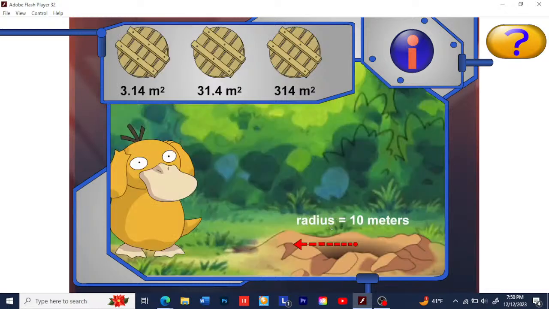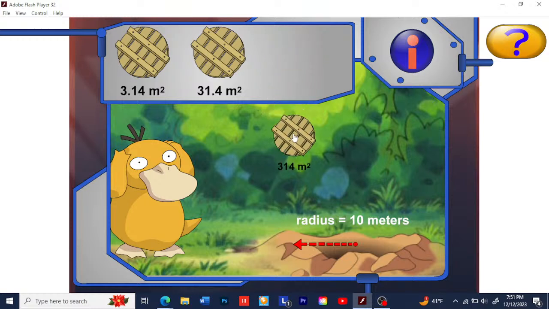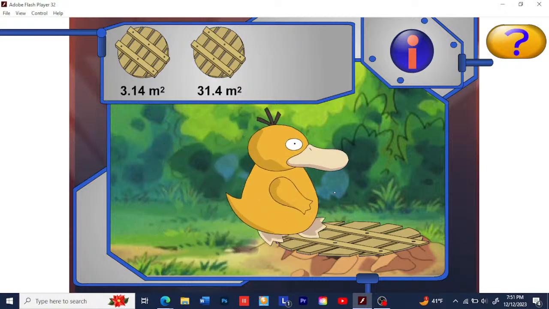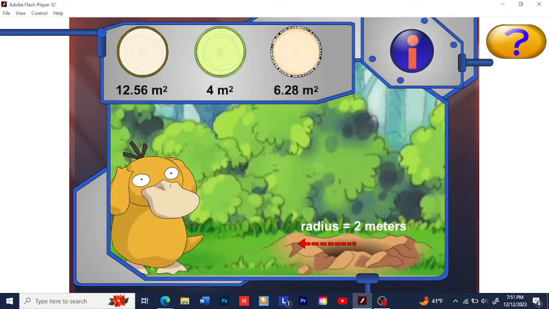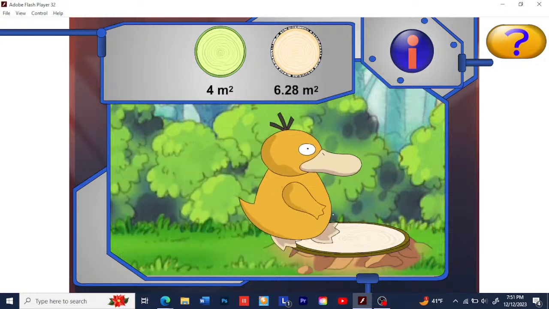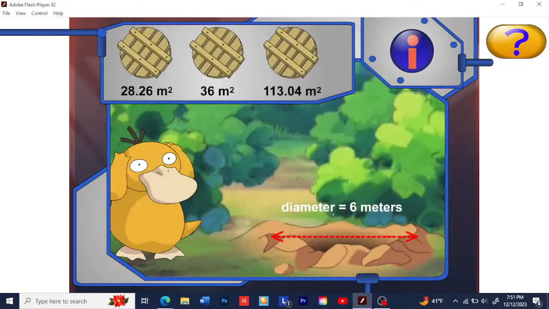Help Psyduck! Fill these holes with more circles. Great! Help Psyduck! Fill these holes with more circles. Awesome! Help Psyduck! Fill these holes with more circles. Try again.